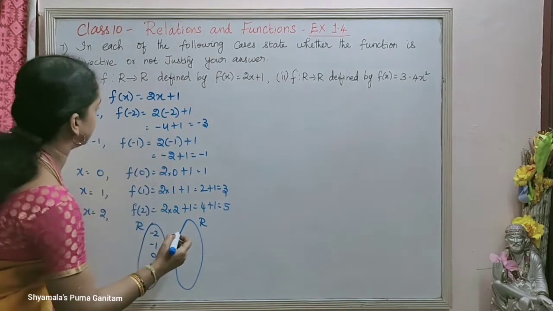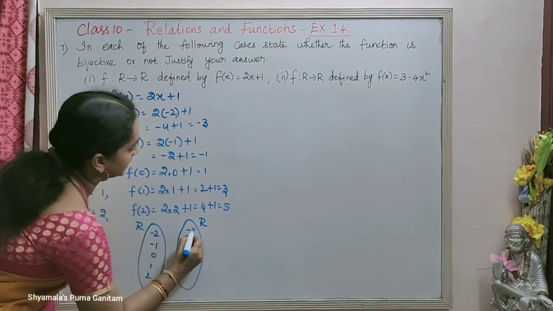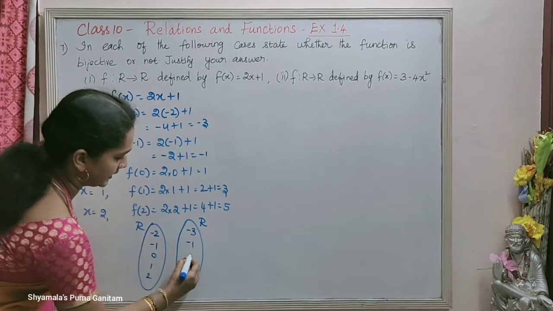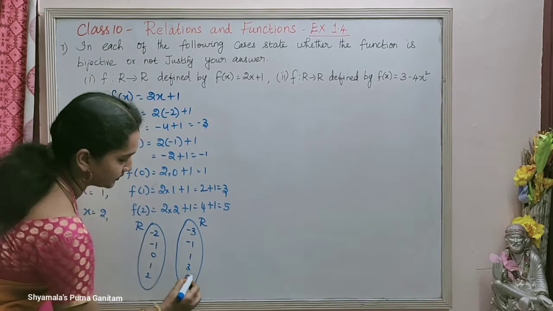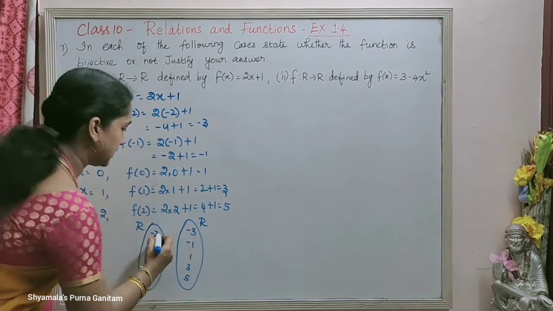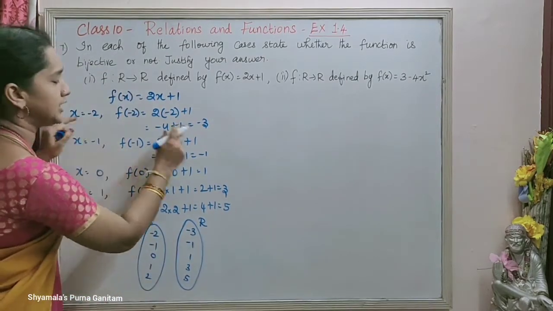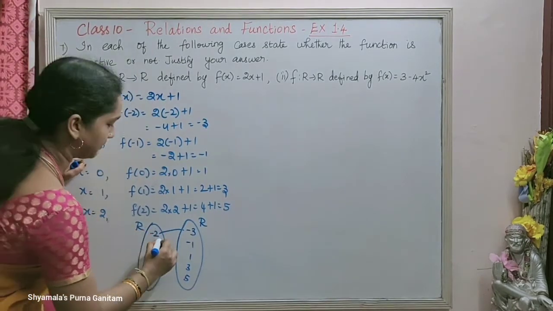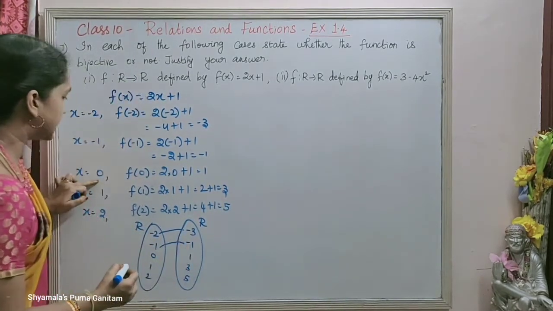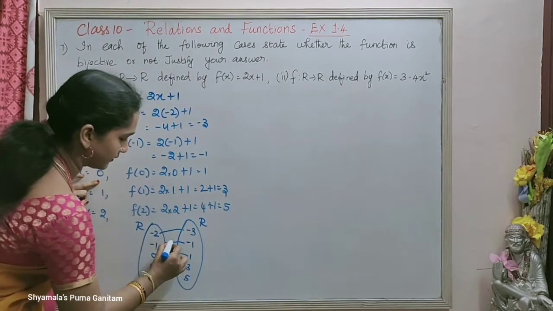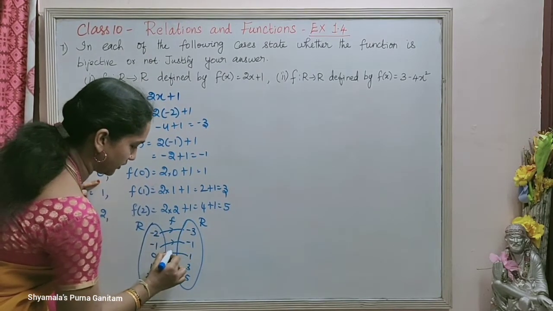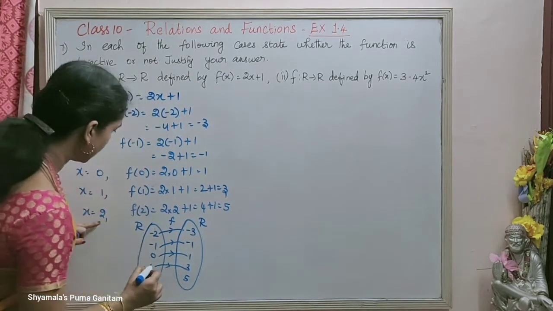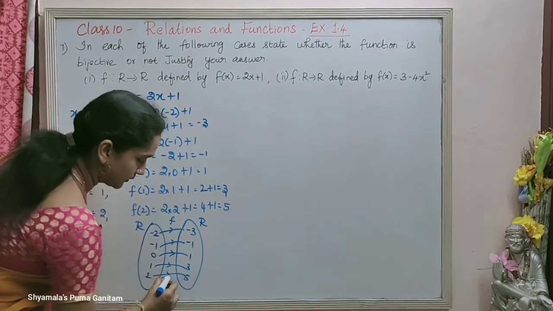And in the second set I am taking minus 3, minus 1, 1, 3 and 5. So minus 2 is mapped to minus 3, minus 1 is mapped to minus 1, 0 is mapped to 1 with the function, then 1 is mapped to 3, and 2 is mapped to 5.